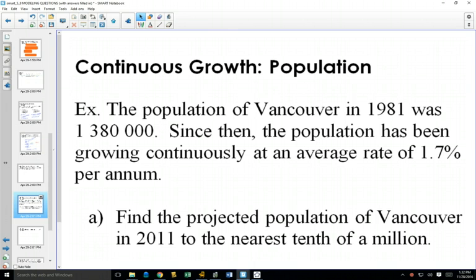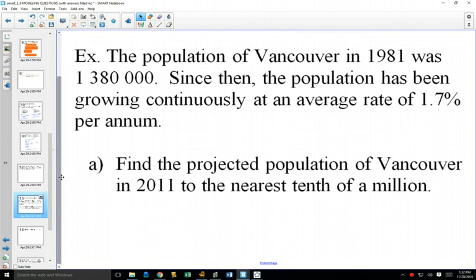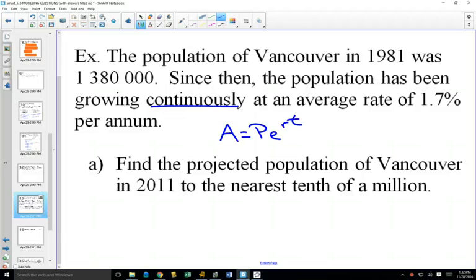So here we're looking at the population of Vancouver. 1981, 1.38 million. And if the population has been growing continuously in Vancouver at a rate of 1.7%, what is the population going to be in 2011? So again, the fact that it is continuous means that we're going to look at a PERT formula. We want to find the amount.